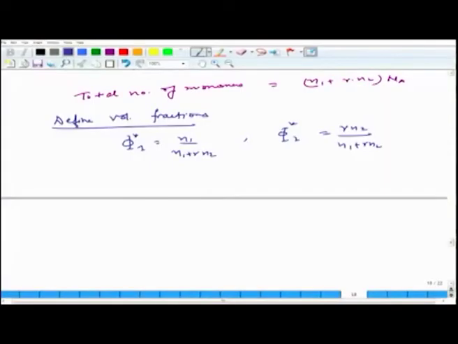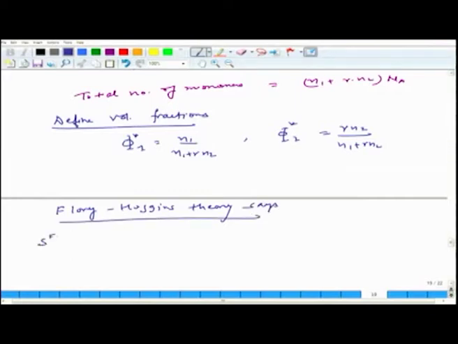So, now what does Flory-Huggins theory say? It says that S E by R is basically nothing but minus x1 ln phi 1 star divided by x1 minus x2 ln phi 2 star divided by x2.